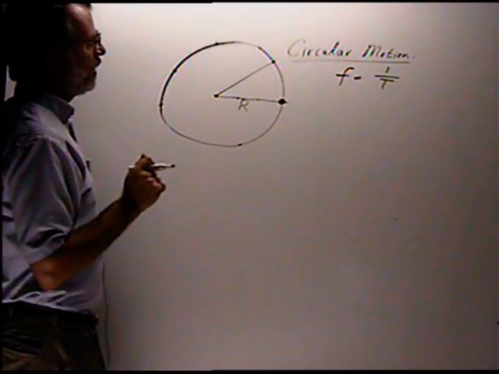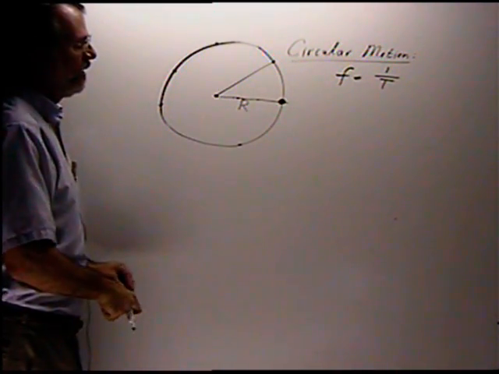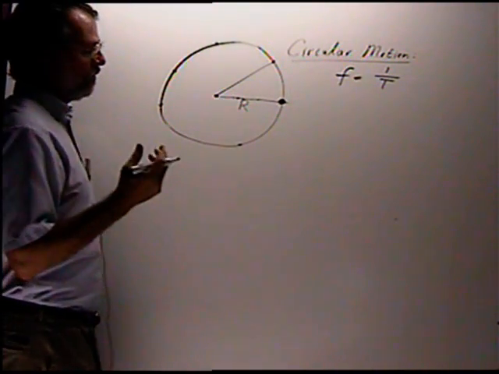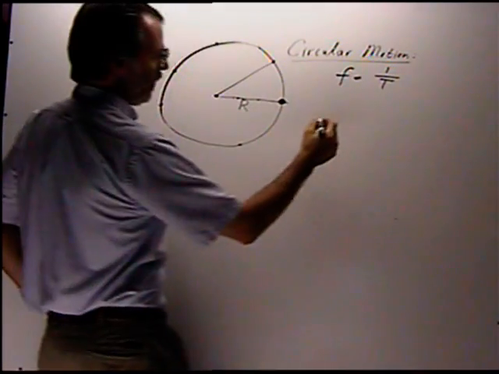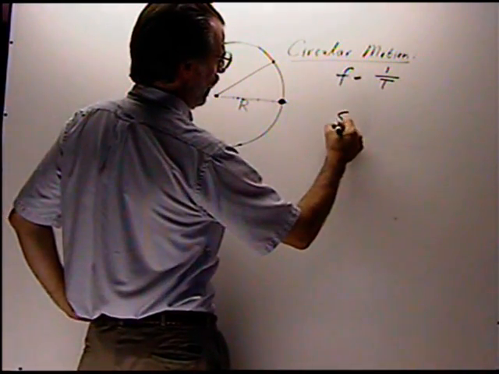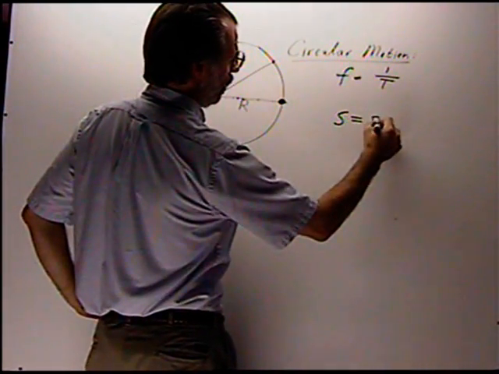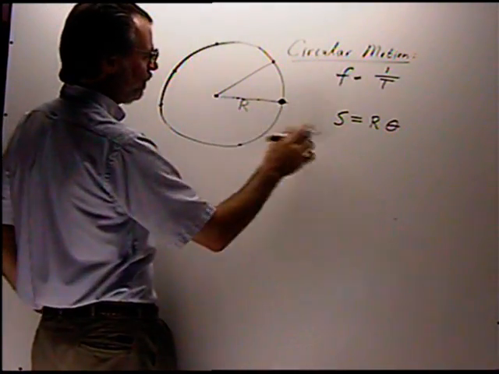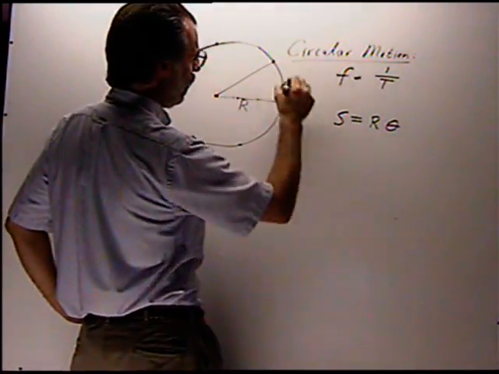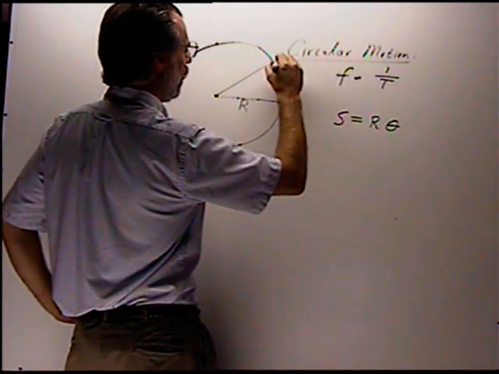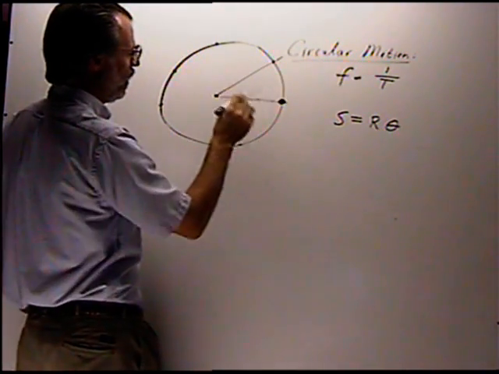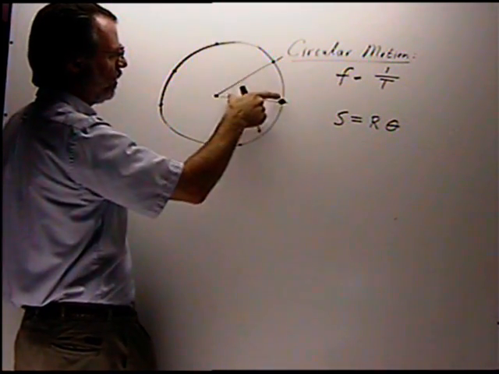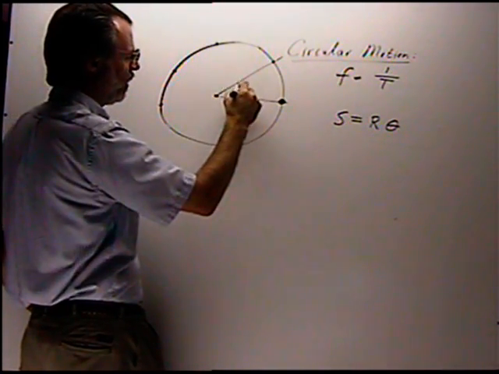Now, another thing we know about circular motion goes back to an equation that we introduced some time ago that I hope you remember, and that's S equals R theta. If you remember, S is arc length. Suppose you're spinning this rock around, but you're only going to look at a portion of the arc.